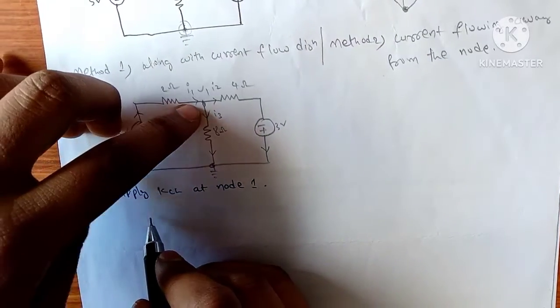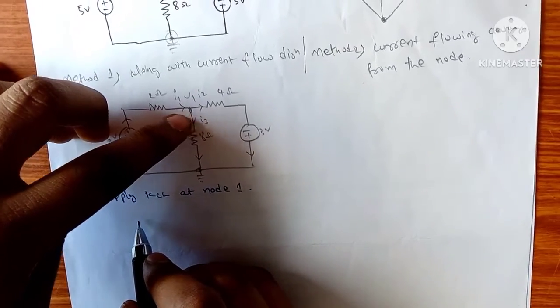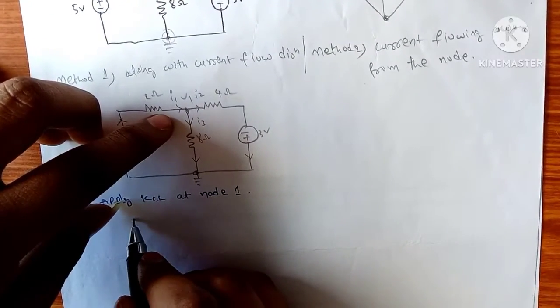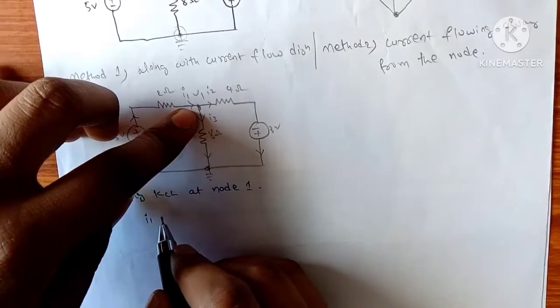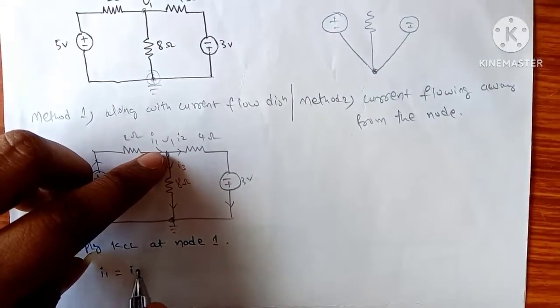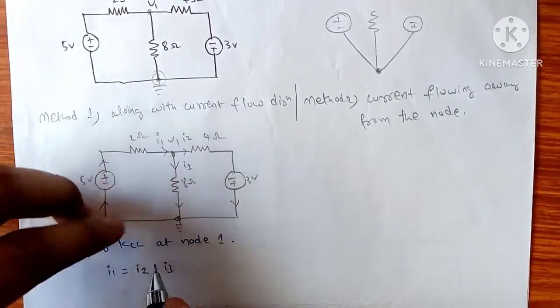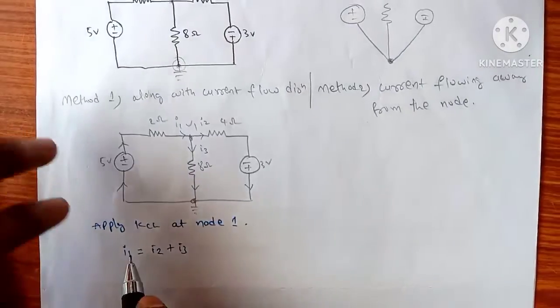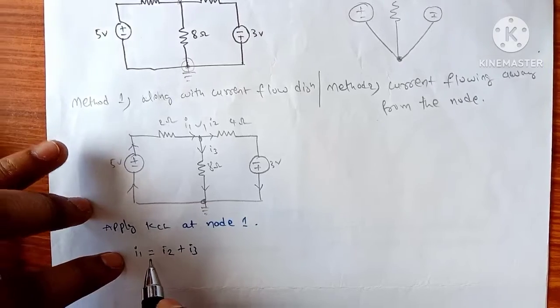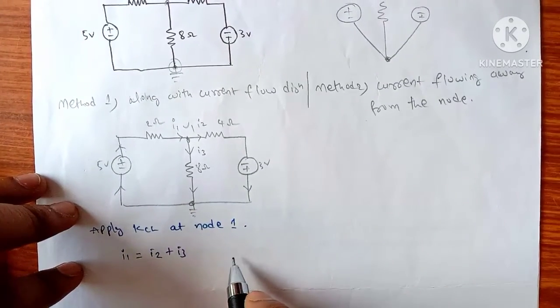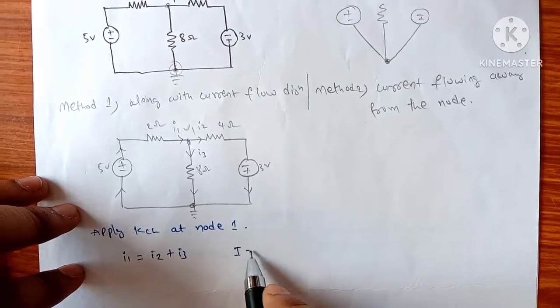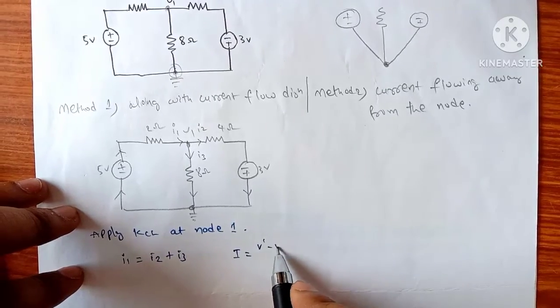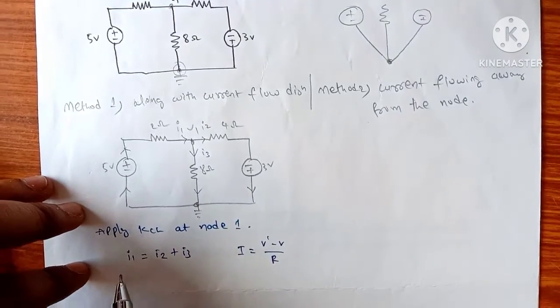So the current entering this point is I1, and I2 and I3 are leaving. We don't have the I values, so we are taking Ohm's law. What is Ohm's law? I equals the difference of voltages by resistance.